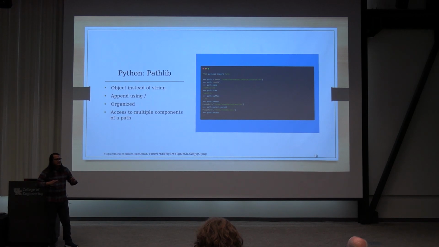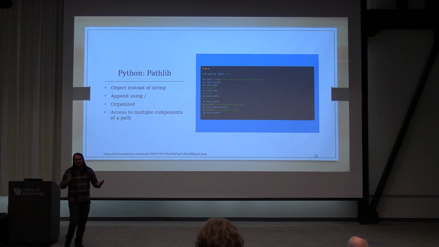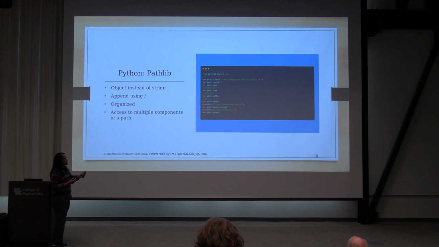So whenever you're dealing with the file system and loading resources from a file, normally you have a string of a path. People concatenate that path and do everything in string. But I suggest to use something called pathlib.